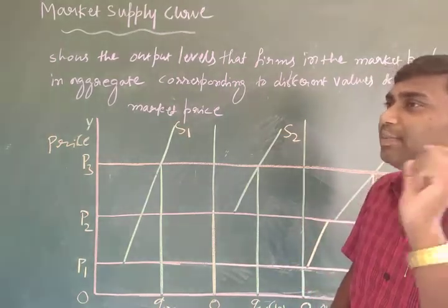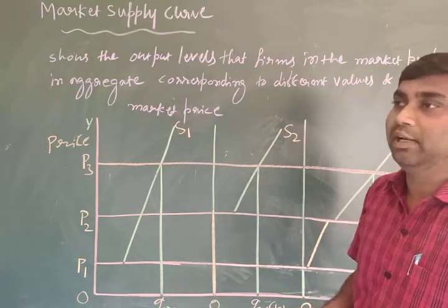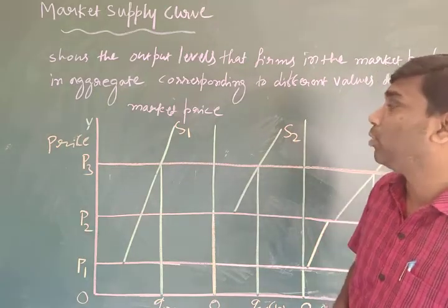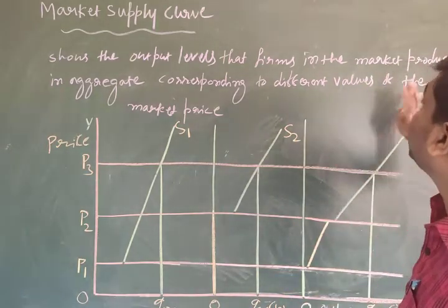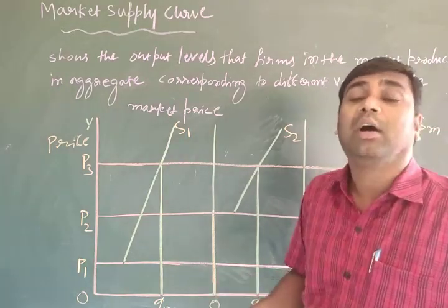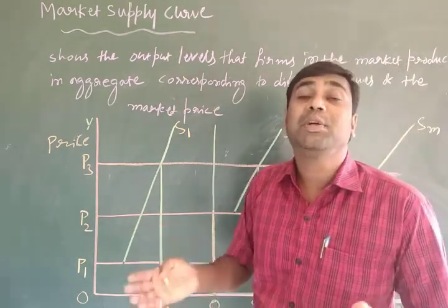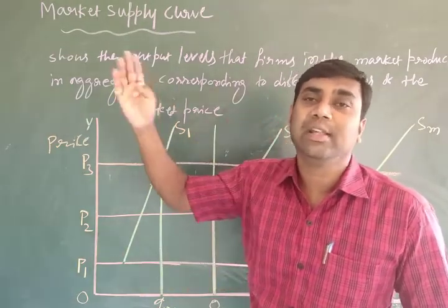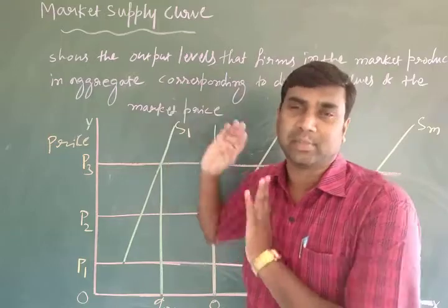Clear? The market supply curve shows the output level that firms in the market produce in aggregate corresponding to different values of the market price. At different prices, how much quantity do all the firms in the market produce and supply? That is only shown by the market supply curve.